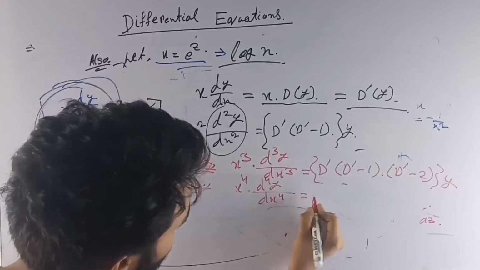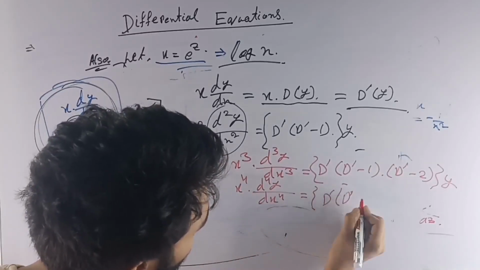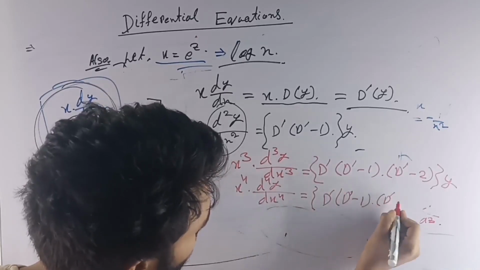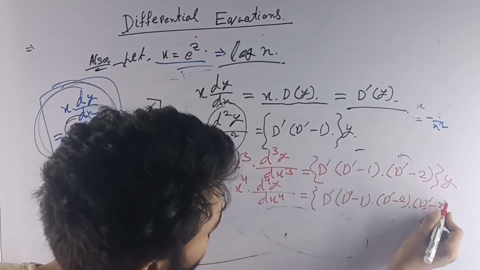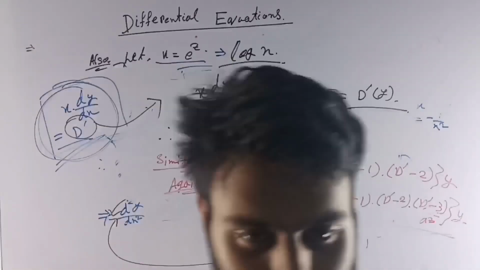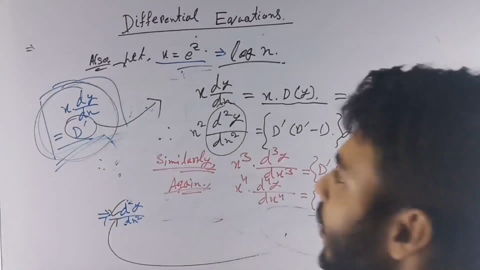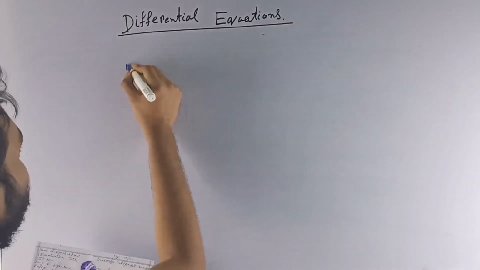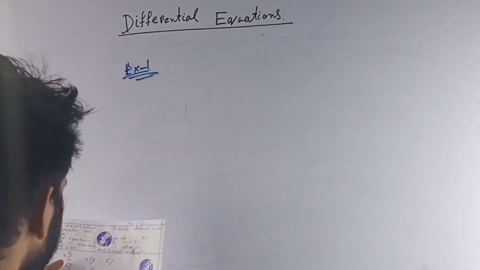That's it. Again x to the power 4 times d4y by dx4 equals D naught times (D naught minus 1), (D naught minus 2), (D naught minus 3) of y. As well, minus 0, minus 1, minus 2, minus 3 for x to the power 4.